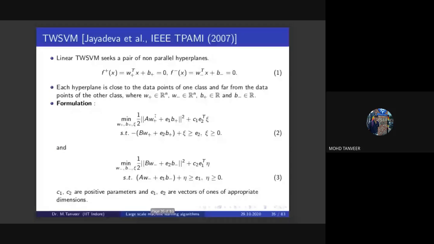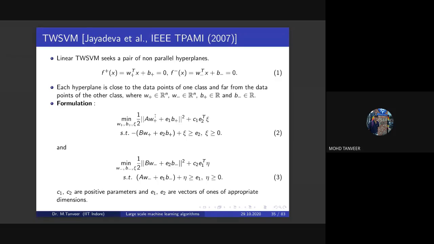So if you remember the formulation of SVM discussed in the previous slides, what we observe in SVM is that we have one objective function subject to the constraints of both the classes. Here in this formulation, what we see is that we have two objective functions, in equations 2 and 3, and two inequality constraints.